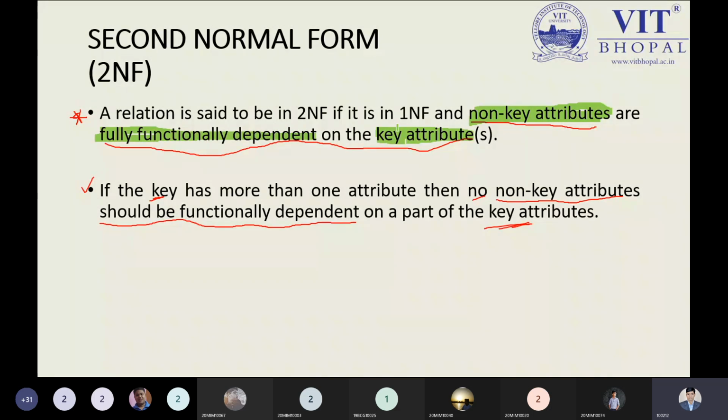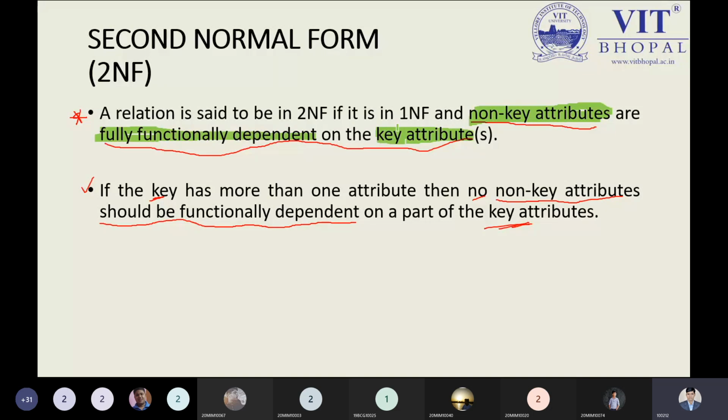Please focus on the concept, which depends on our previous classes as well. And the next statement says: if the key has more than one attribute. Good point, because we are not pulling the primary key, we are pulling a composite key or super key, and there are many attributes which become key attributes. So no non-key attribute should be partially dependent on the key.